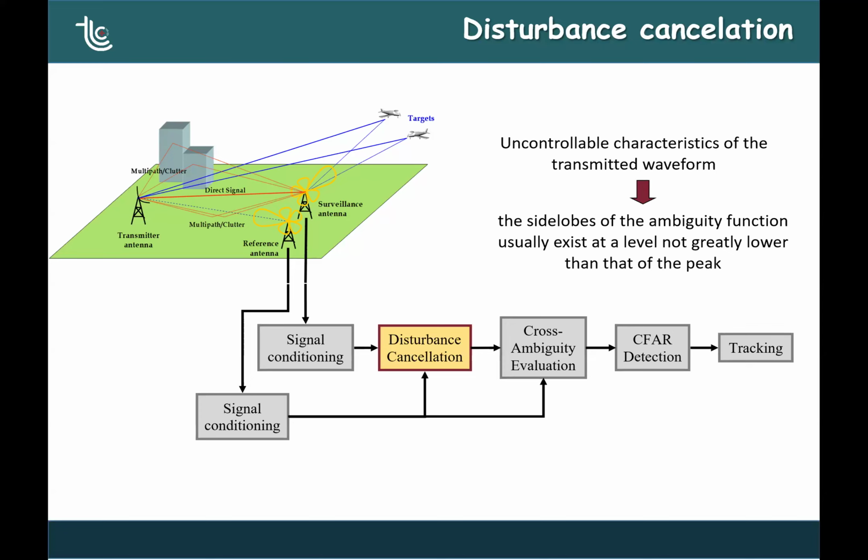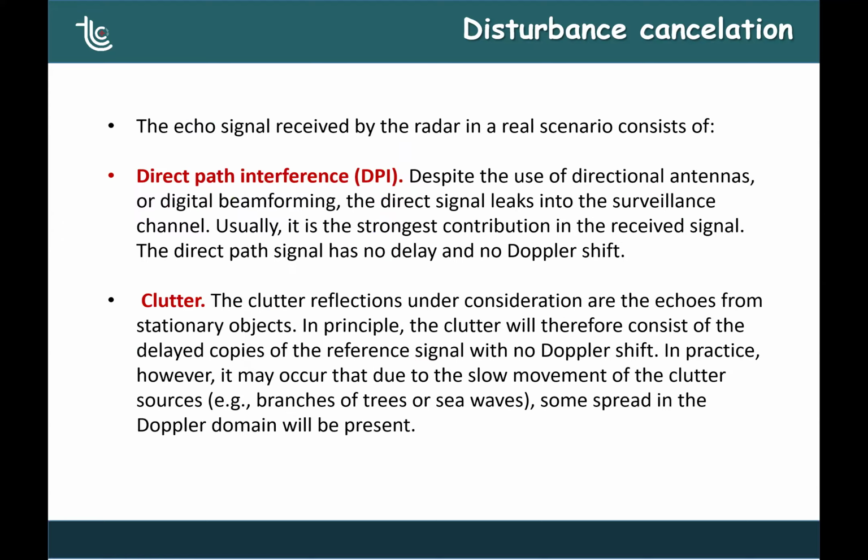So there are multiple things that we need to do before the cross-ambiguity function. As I told you, we have this direct path interference.